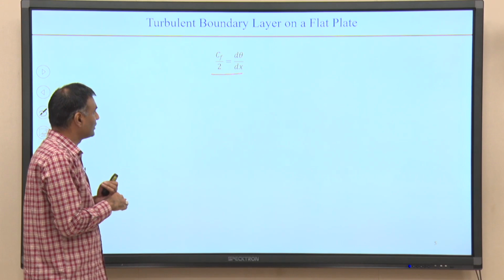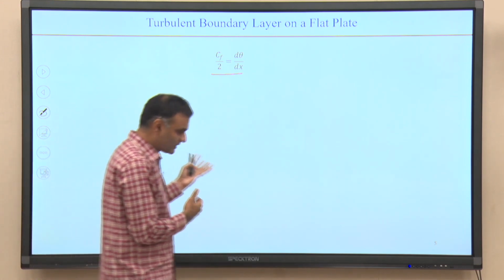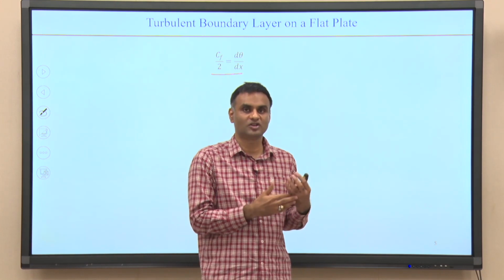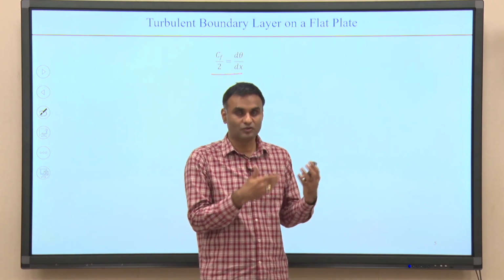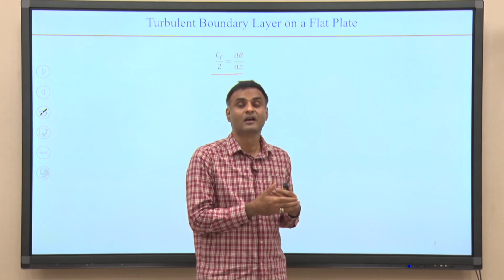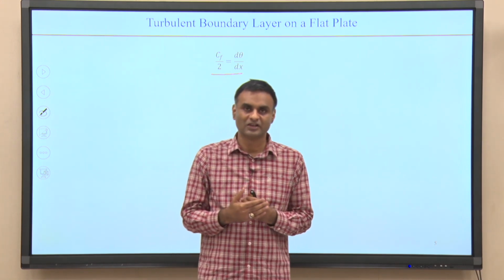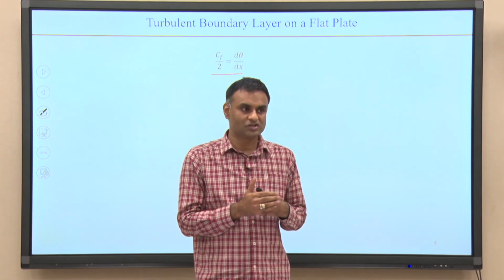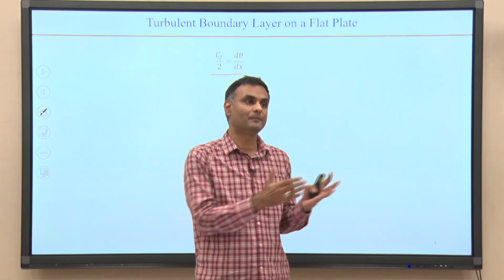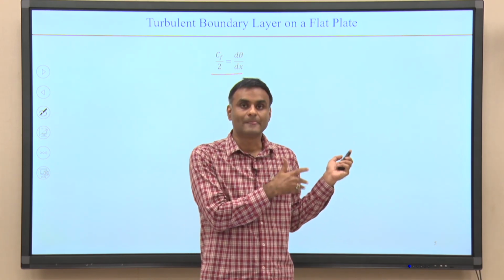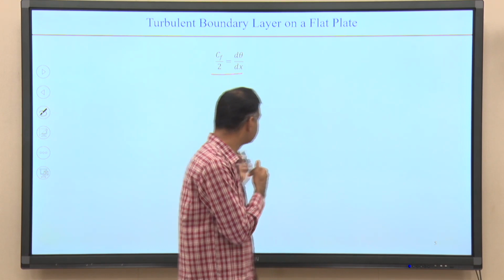So, we need to know the velocity profile, and because in the entire boundary layer we have assumed the logarithmic velocity profile, we could integrate that velocity profile, but again the integration will be quite involved. So, what one could do is use the power law velocity profile to find out theta.